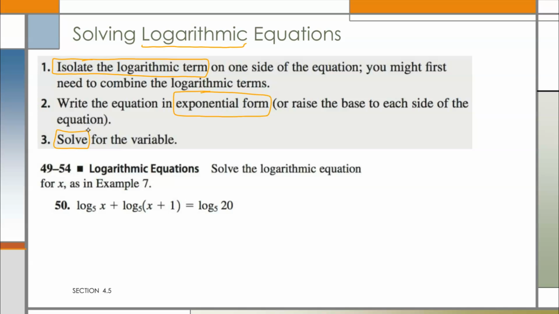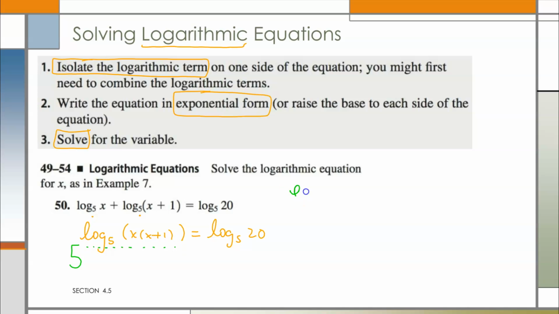Let's look at both of these. These are log base 5. So what we're going to write is log base 5 of x times x plus 1. What gets rid of log base 5? That's an exponential base 5. This is the new exponent of 5.